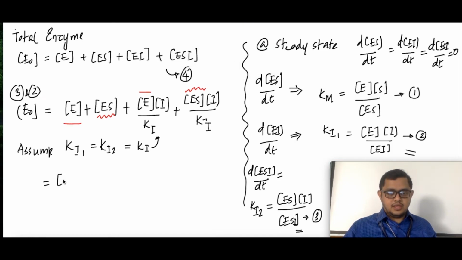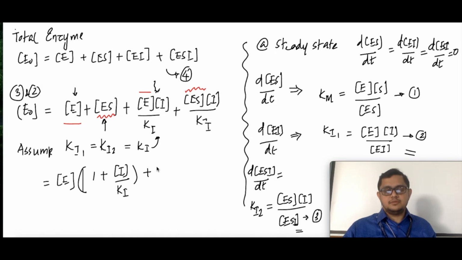If I take E out from this equation, it becomes 1 plus I by Ki. Similarly, if I take ES common, it becomes 1 plus I by Ki.